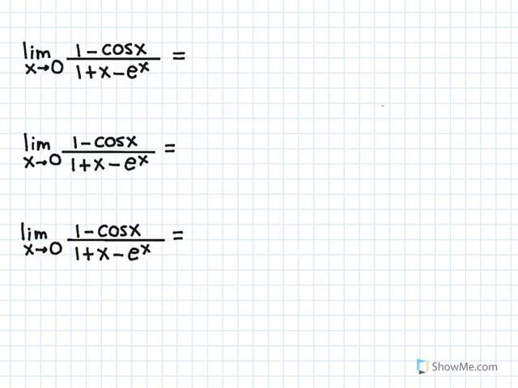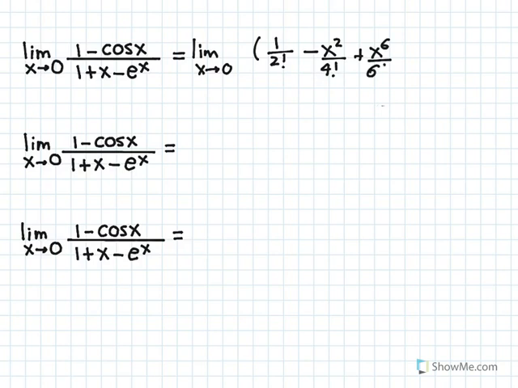So we have limit x approaches 0, 1 minus cosine x divided by 1 plus x minus e to the power of x. We simplify this to limit x approaches 0, 1 over 2 factorial minus x squared divided by 4 factorial plus x to the power of 4 divided by 6 factorial minus x to the power of 6 divided by 8 factorial, and so on.